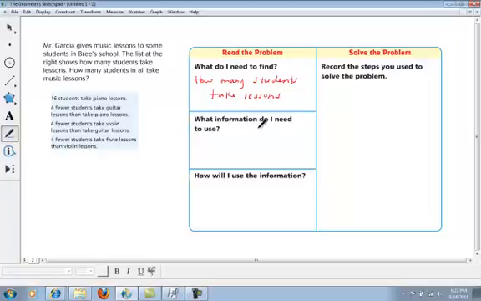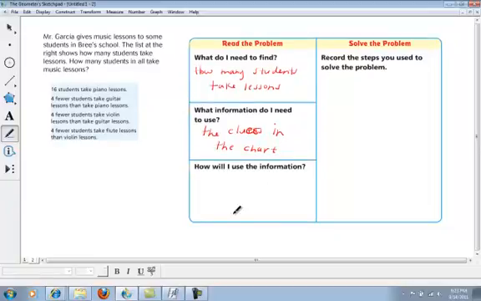What information do I need to use? I need to use the clues in the chart. Now, how will I use this information? I will put the information in a table.